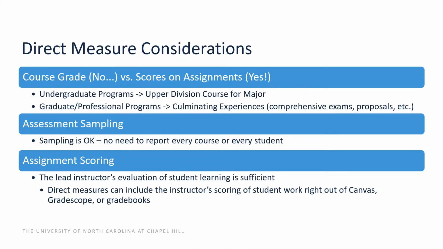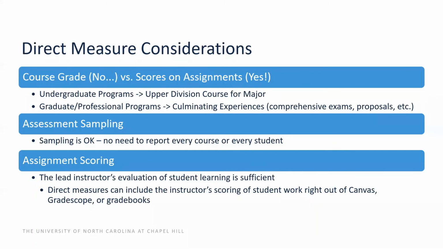And something else to consider is that assignment scoring is also a good direct measure. And so one instructor's evaluation of student learning is sufficient. Other departments do some sort of team criterion based review, which was also present in those examples, where they're sort of norming their reviews and are reviewing students as a whole. So there's different ways of going through this process.